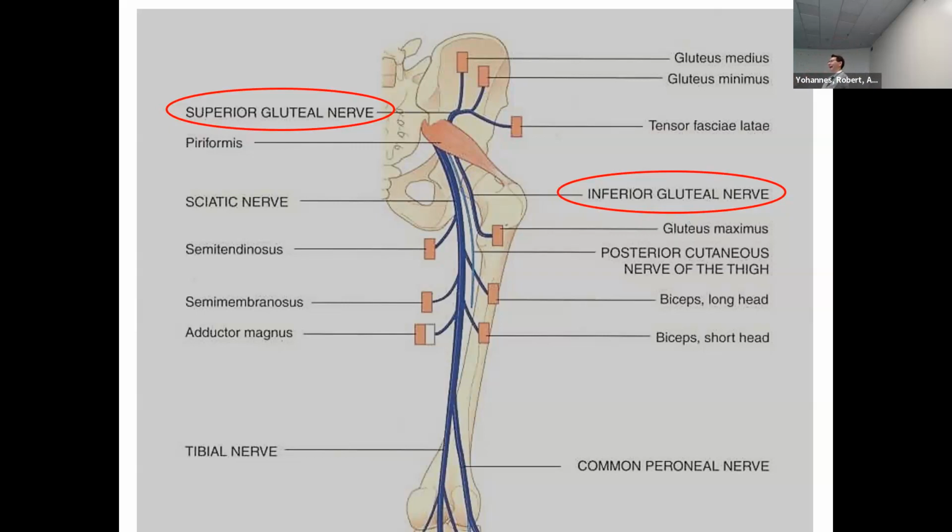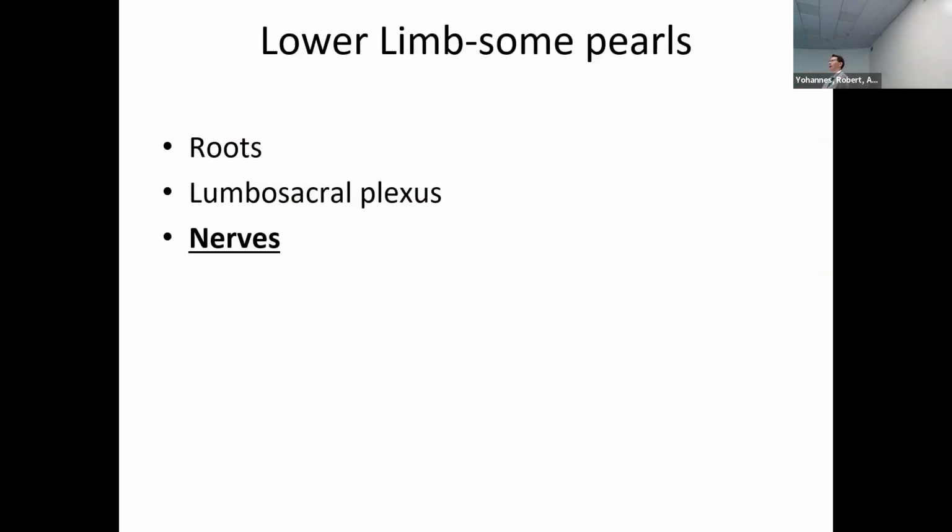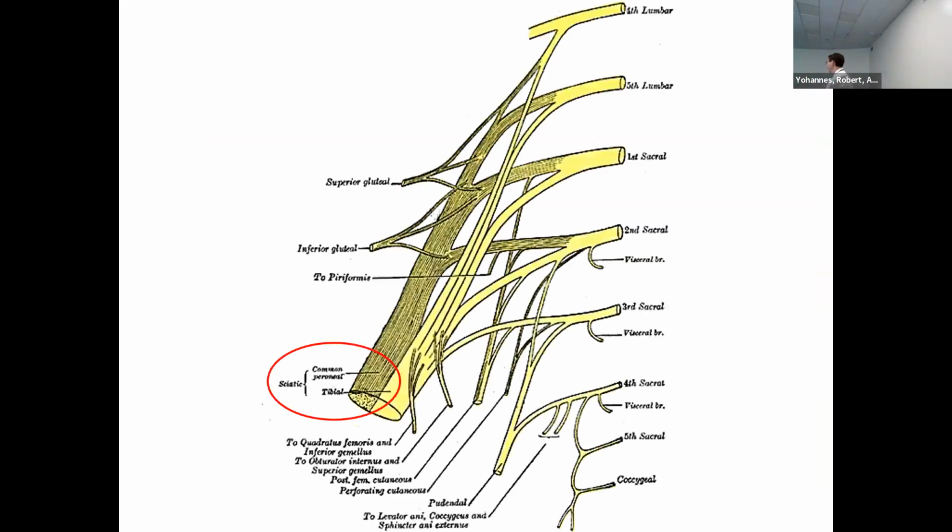The next thing that happens is we start dealing with the nerves themselves. So basically we have three nerves to deal with. The first of them is this one, the largest nerve in our body, called the sciatic nerve.